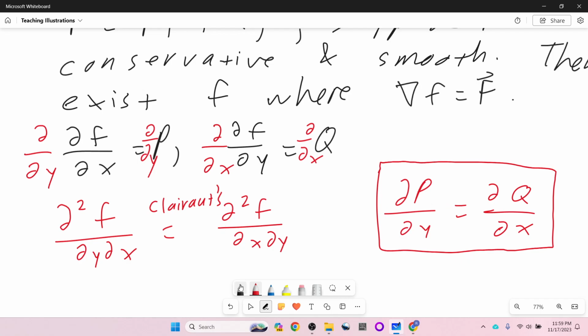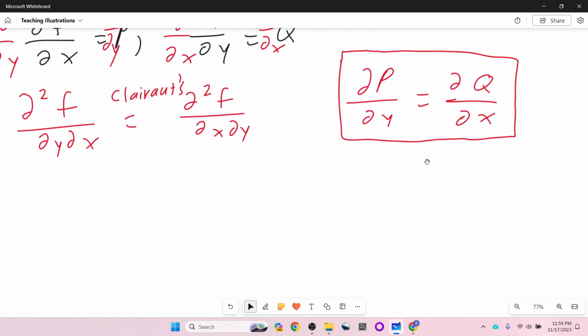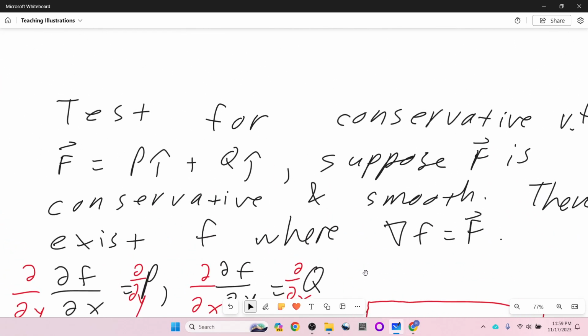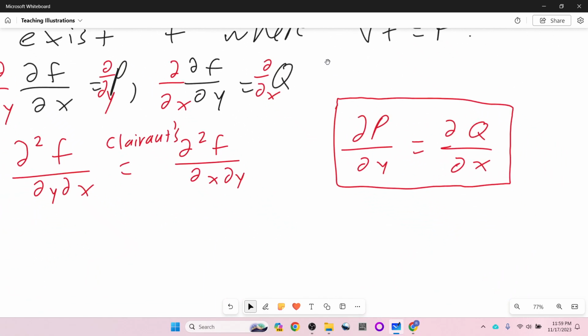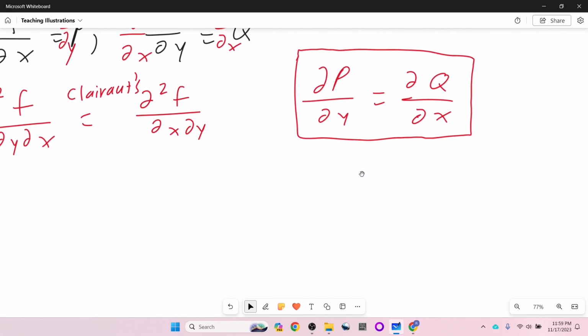Or rather, what we've just said is if the vector field is conservative, then this is true. Can we do it the other way? Can we say, if this is true, then the function is conservative? And the answer is usually.